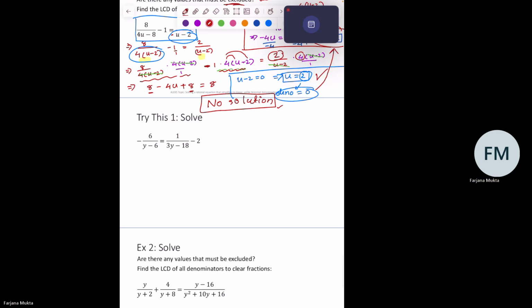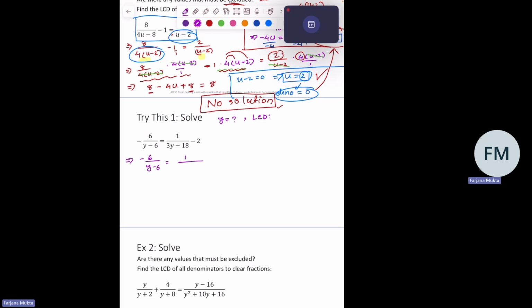Moving forward with our next example, we'll just do the same work. We are looking for the solution of y. So we need to find the LCD first and multiply each of the terms by the LCD. Once again, to find the LCD, everything has to be in factorized form.